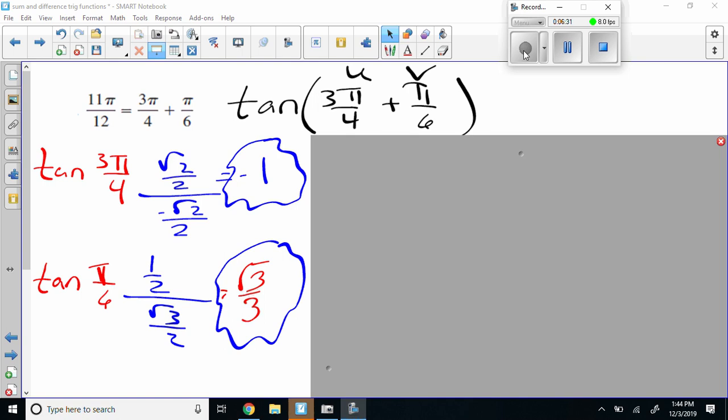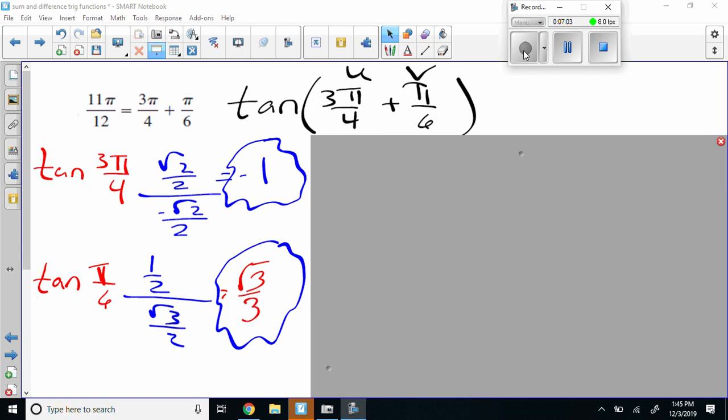Questions? Now, what would you say if I told you that these values for tangent, the pi over 3, pi over 4 and pi over 6, they're going to be true, constant, all the way around that unit circle.